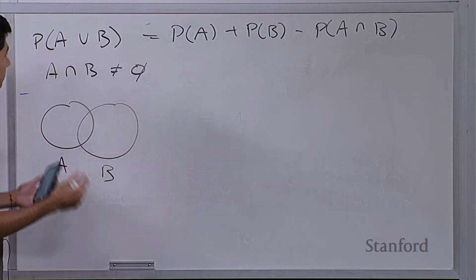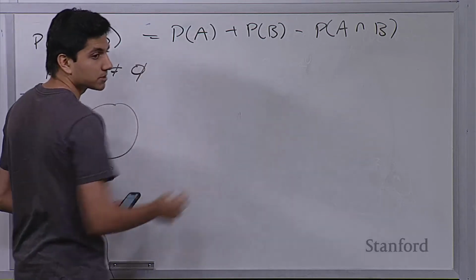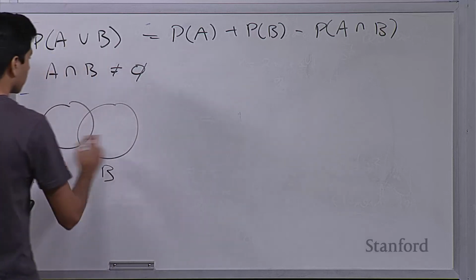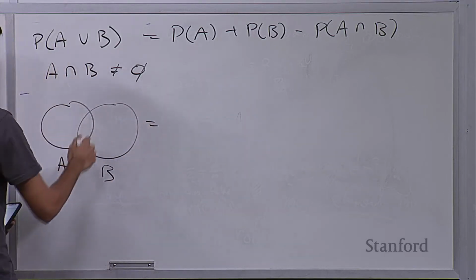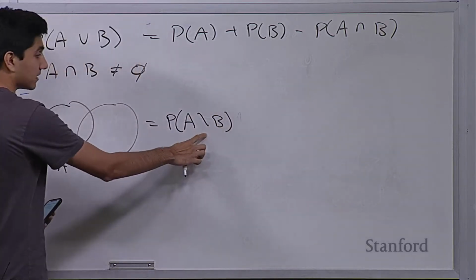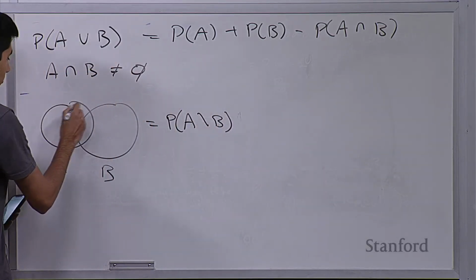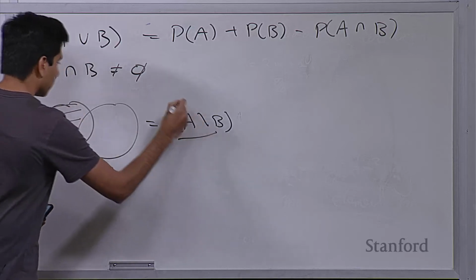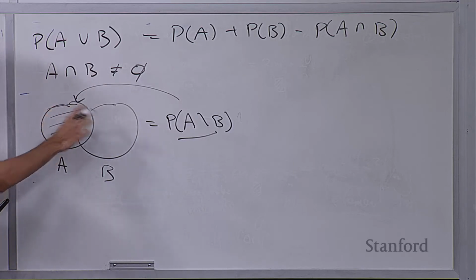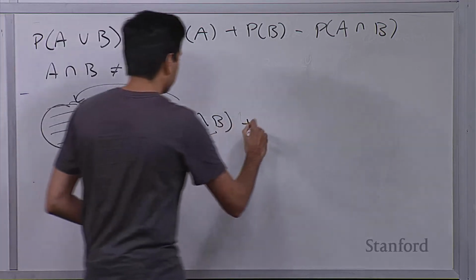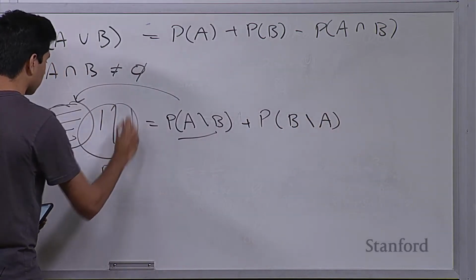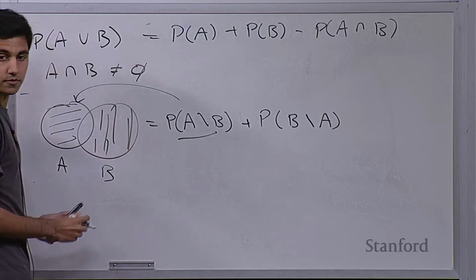What's interesting is you can also derive this formula from some of the first principles of probability. In particular, we can write the probability of A union B as, first, the probability of A without B. This is the set minus notation, so this is the subset of events that are in A but not in B. We can then add the probability of the events in B not in A. So far, so good.